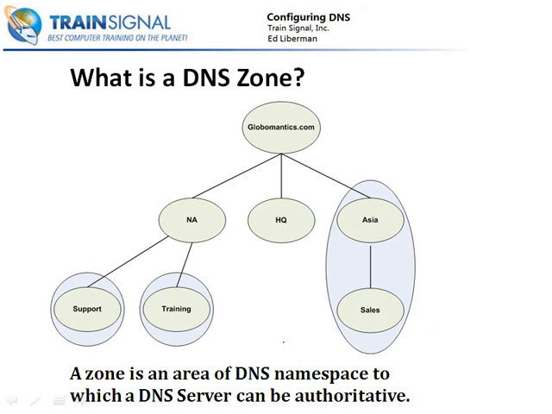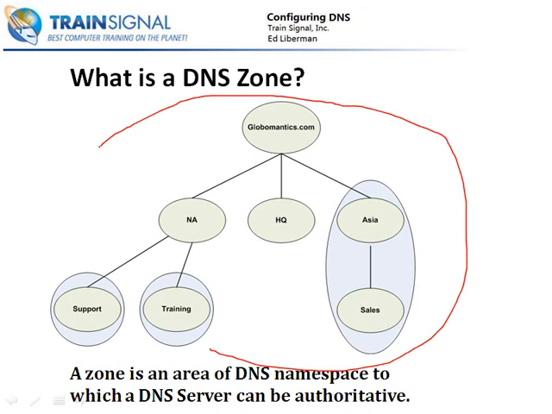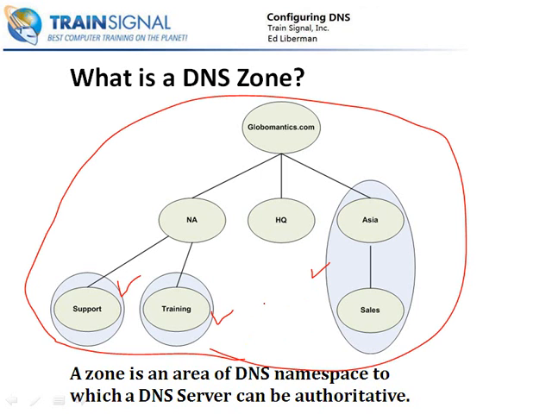Now here I have a drawing of the globalmantics.com zone. Well, really it is the entire tree. It's the entire area of namespace for this entire network. And the highlighted areas, I have one here, here, and here, are zones that we have specifically delegated out, and we'll talk about delegation in just a moment.